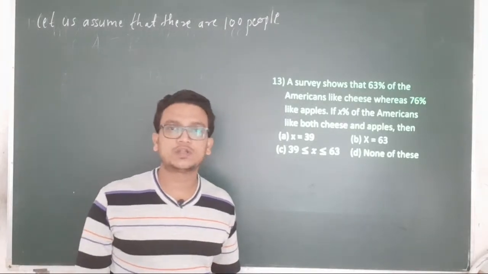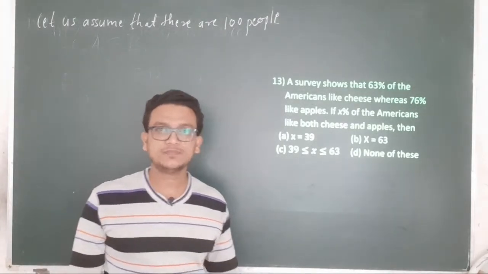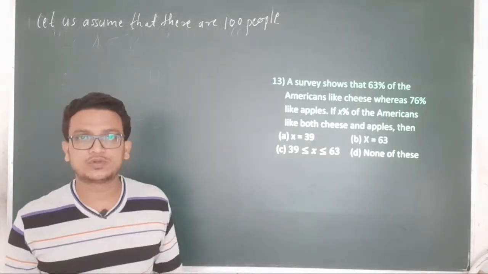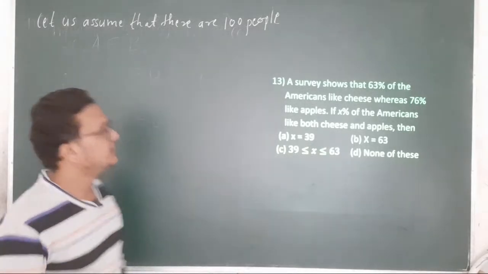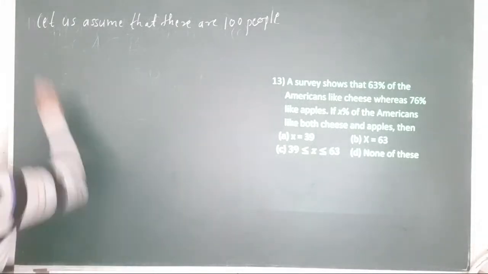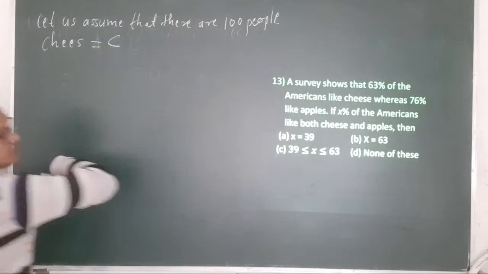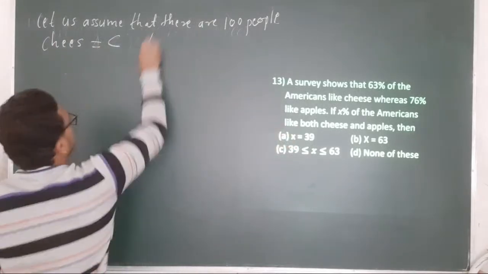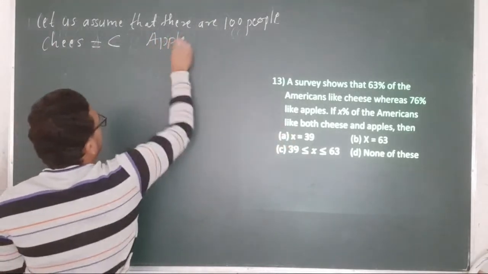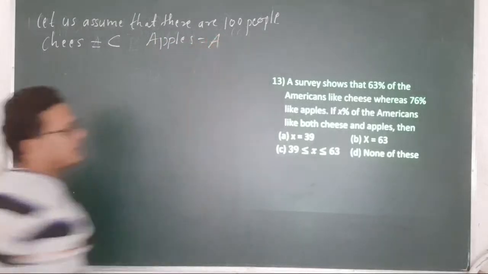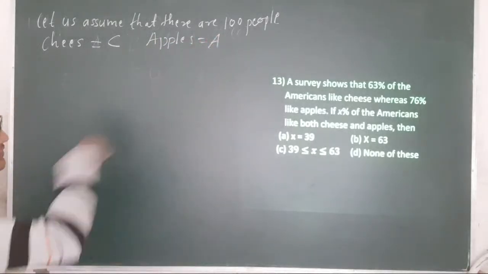So we will consider the total people are 100. Now let us denote cheese with variable C and apples with variable A. Then note down the things now.